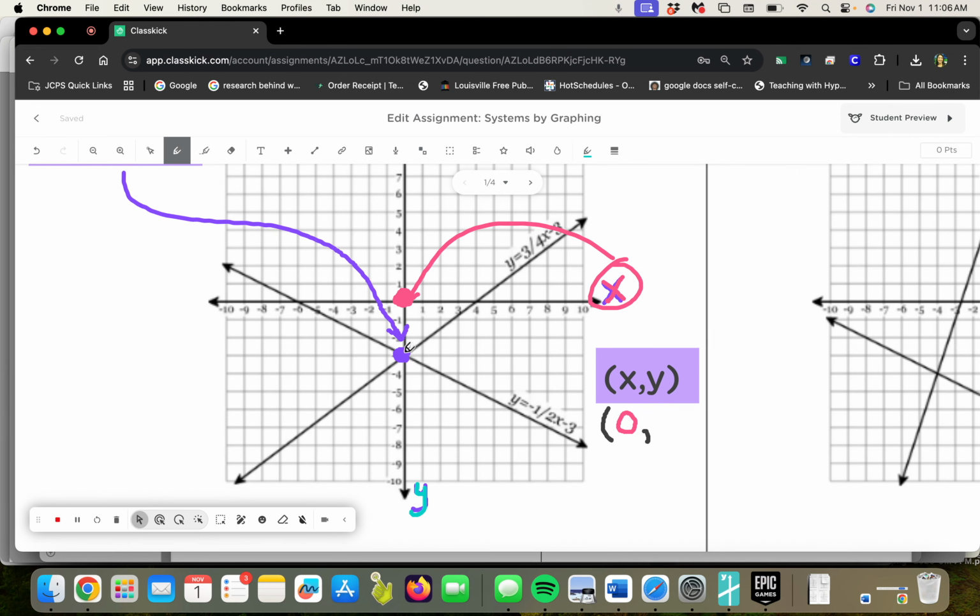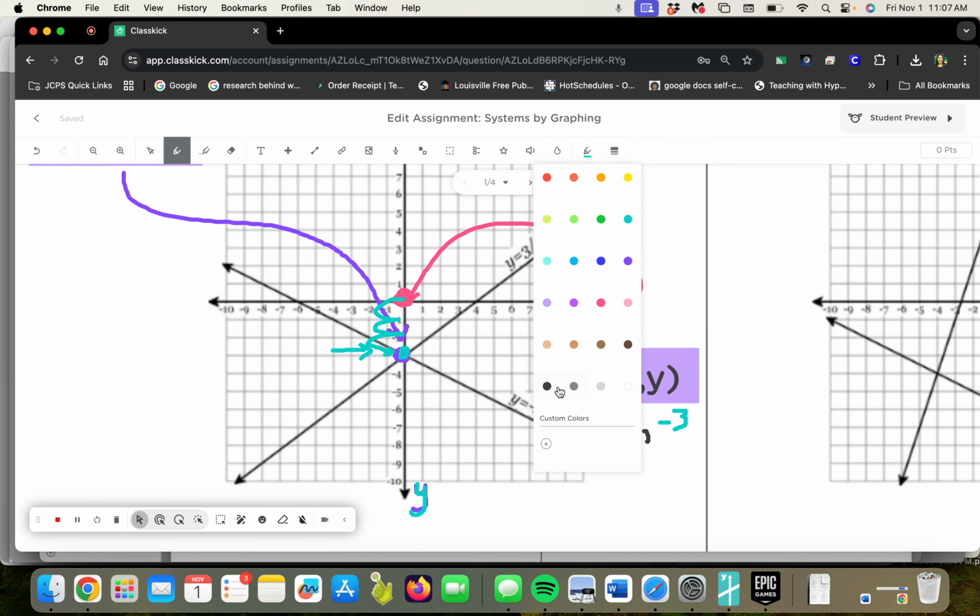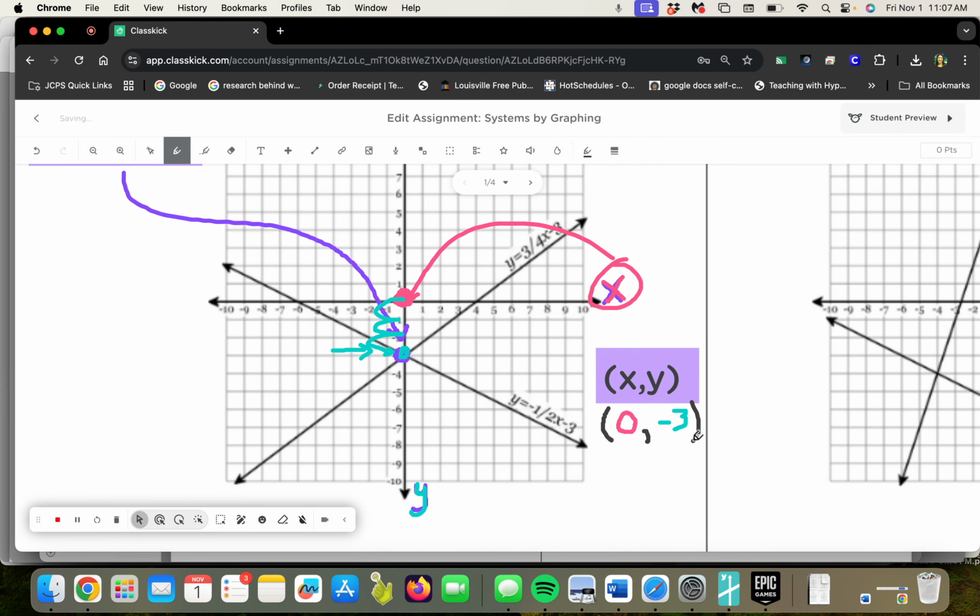And if I look at my y-axis, I see it lines up right here, which is 1, 2, 3 down. And since it's down, that means it's going to be a -3. So my coordinate, my solution, my intersection point is (0, -3).